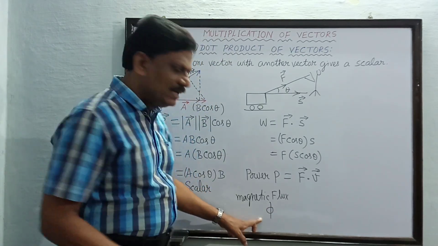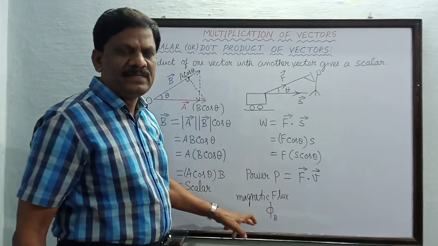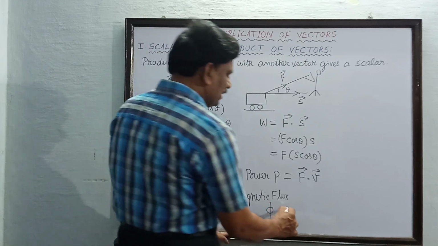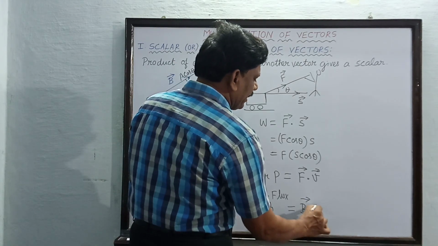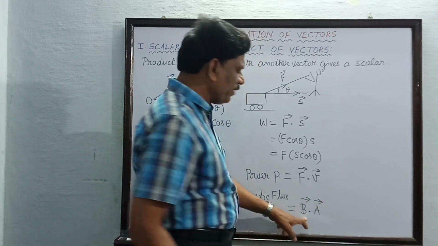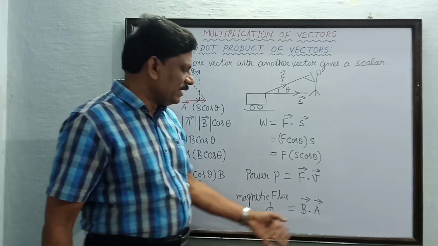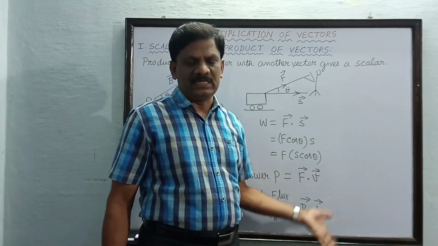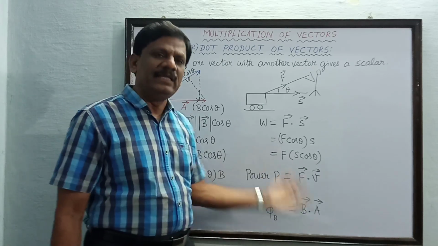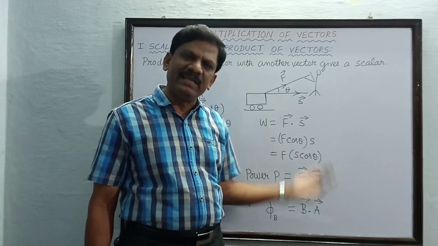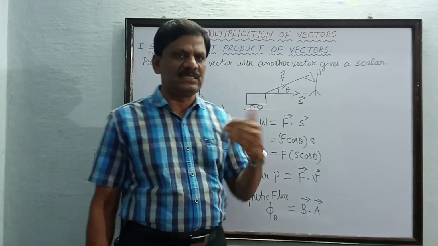Since it is the magnetic field, I will use the suffix B. Phi B is called magnetic flux, and this is the dot product of capital B and capital A. Capital B is the magnetic field vector, and capital A is the area vector. So the dot product of the magnetic field vector and the area vector is equal to the magnetic flux, which is a scalar. This example you are going to study in class 12.